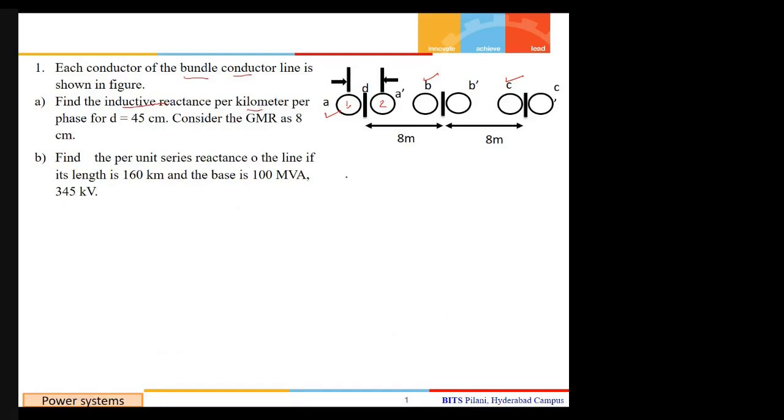Now, what is inductive reactance? When we say inductance of the line L, if there is an inductor with a unit of millihenry or Henry, and I need to convert that to ohms, that is the impedance of this inductor, then I will go with inductive reactance, which is directly related to the frequency of the system.